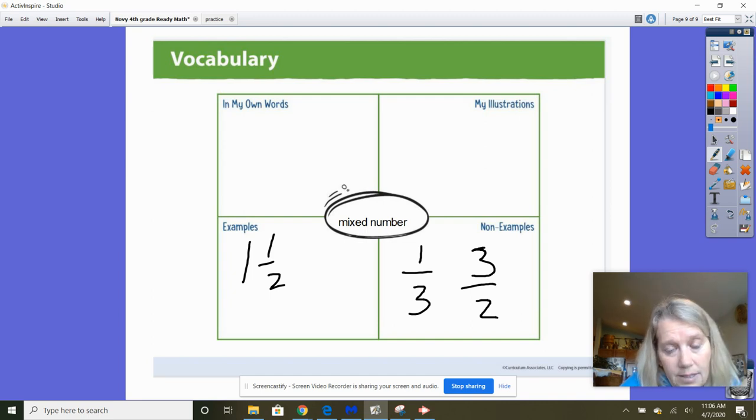You can turn it into a mixed number because you can turn it into 1 and 1/2. But when it's written that way, it is a fraction. So there's some non-examples. So make sure you get in a picture, do your own words, and then put a couple more examples. All right, so do the next 2 pages on your own, 445 and 446.